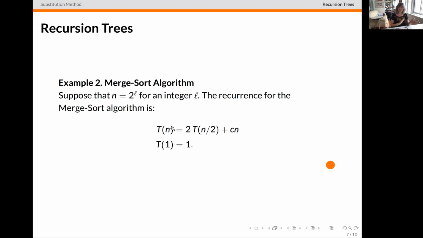All right, so we're going to see now the second methodology, which is recursion trees. And in order to see the ideas, we're going to use again our example number 2, the merge sort algorithm. In the merge sort algorithm, we introduced that by saying I had 8 cards that I wanted to sort.